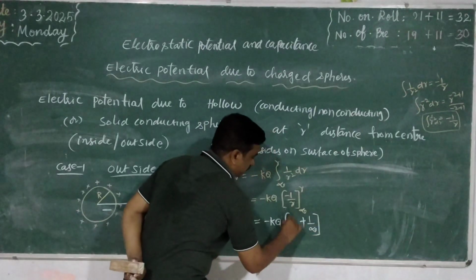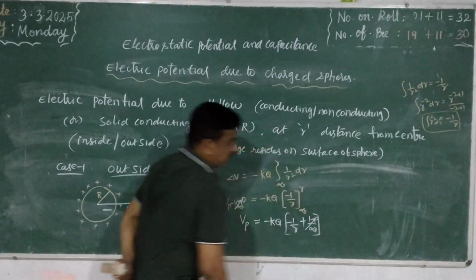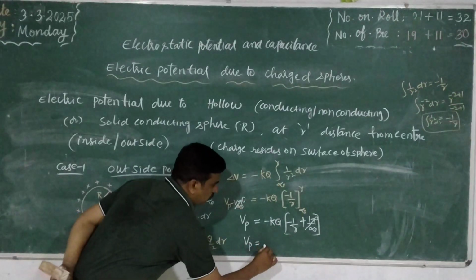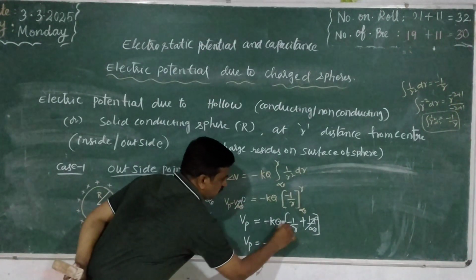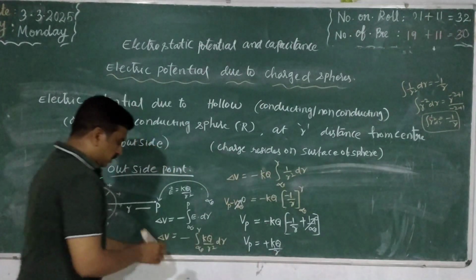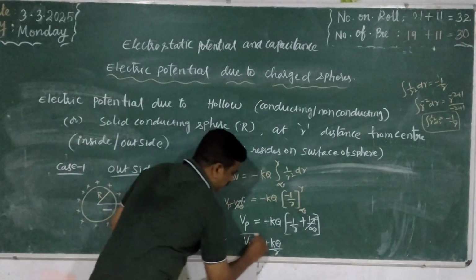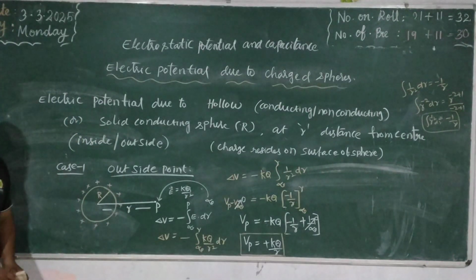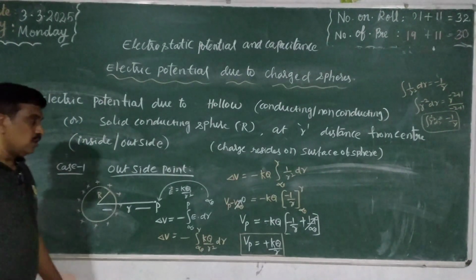What do we get now? 1 by infinity is 0. So potential at P equals minus of KQ, minus into minus is plus, so KQ by r. It is the potential at point P, or at a distance from the center, outside the sphere.